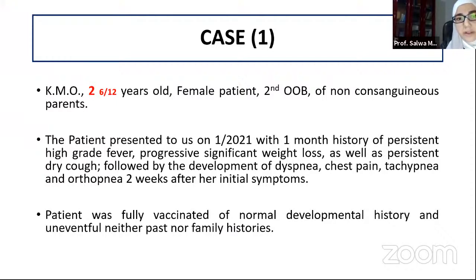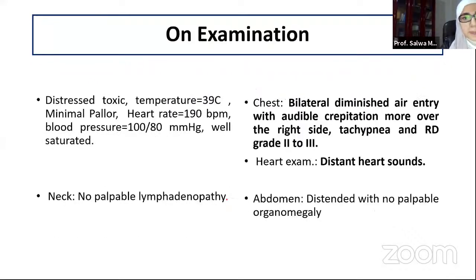She is a female patient, 2.5 years old, second order of birth of non-consanguineous parents. This patient presented to us in June 2021 with a 1 month history of high-grade persistent fever, weight loss, as well as dry cough, which was followed by the development of dyspnea, chest pain, and orthopnea 2 weeks after her initial presentation.